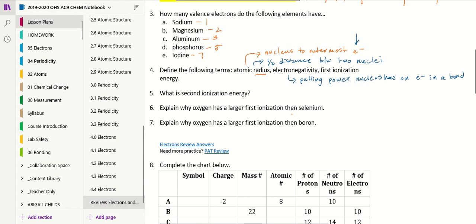Last one. First ionization energy. Energy needed to pull off your first electron. And remember, this is in a gaseous state.